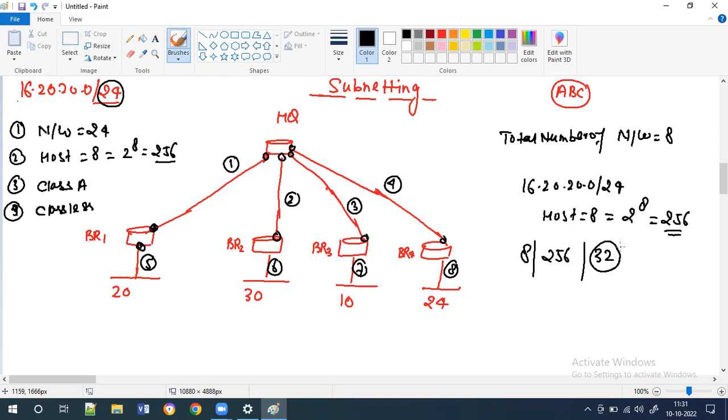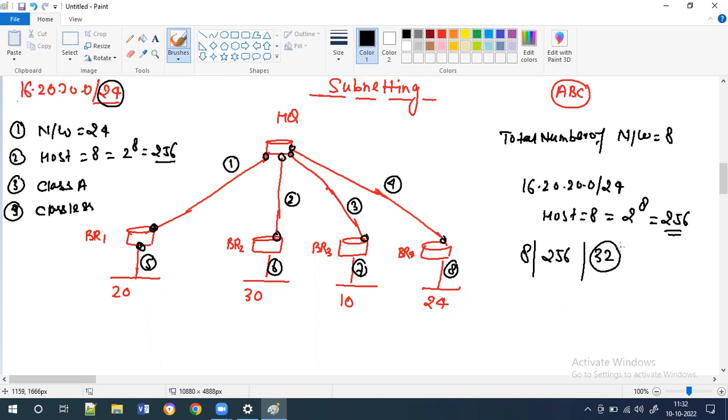If you multiply 32 into 8, you will get a total of 256. That means the block of IP addresses is 32. So this is subnetting. I have a very big pool with a total of 256 IP addresses, and I am dividing that into blocks of 32.